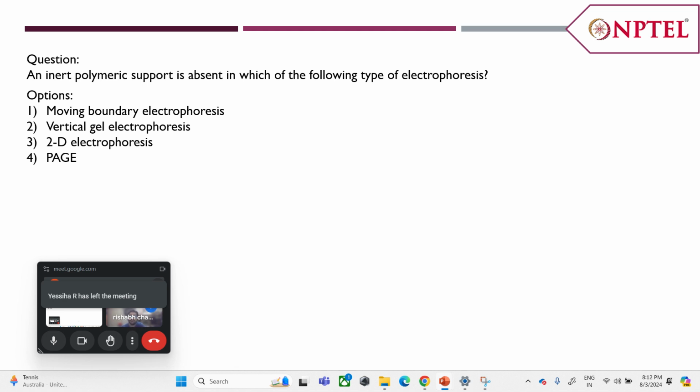An inert polymeric support is absent in which of the following types of electrophoresis? Moving boundary electrophoresis, vertical gel electrophoresis, 2D electrophoresis, or PAGE? Can anybody answer?